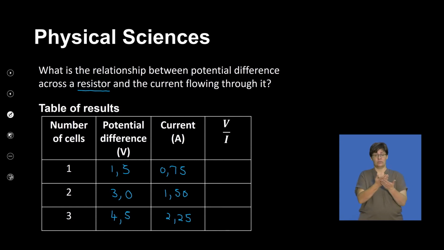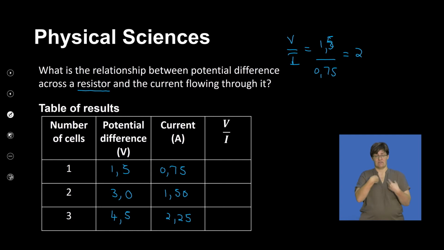So if you say V over I, for one cell, you'd have V over I equals our voltage of 1.5 divided by our current of 0.75. This actually gives us 2.